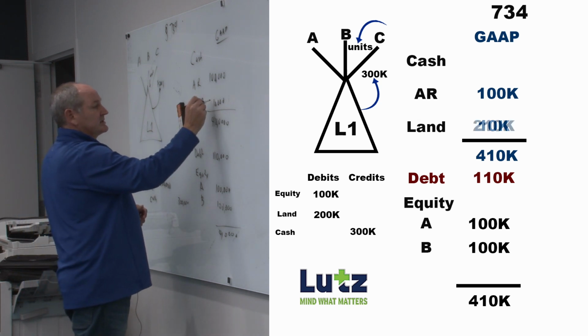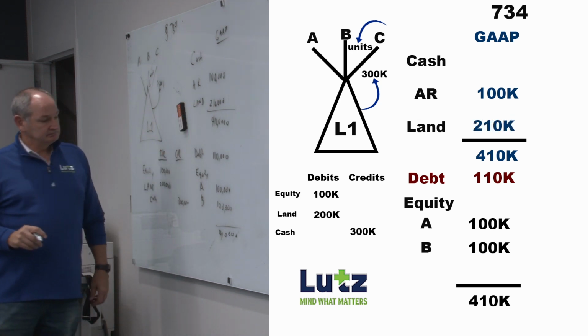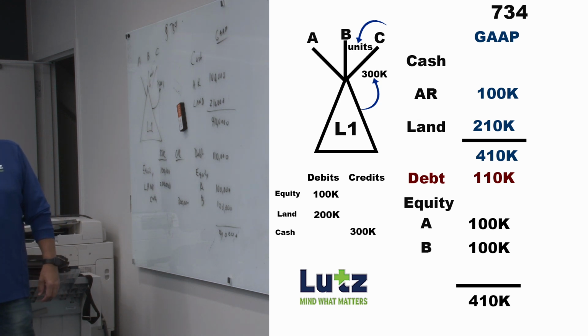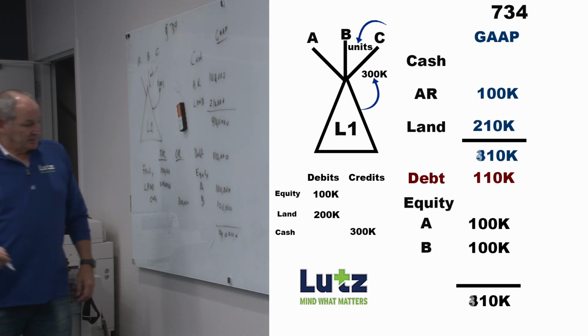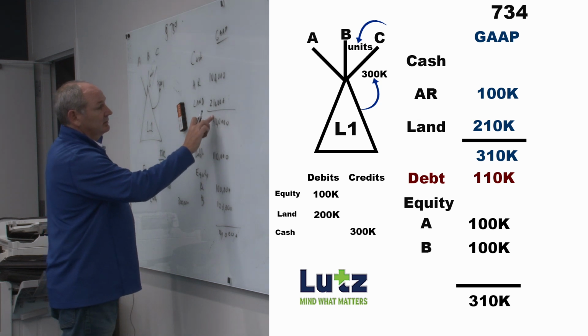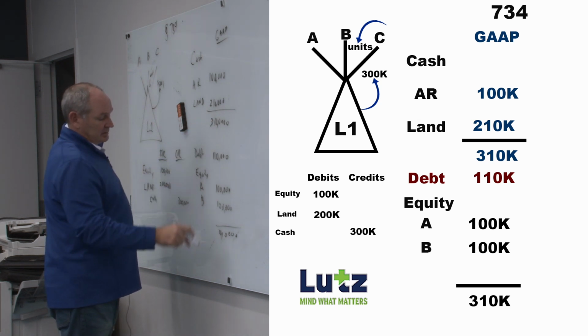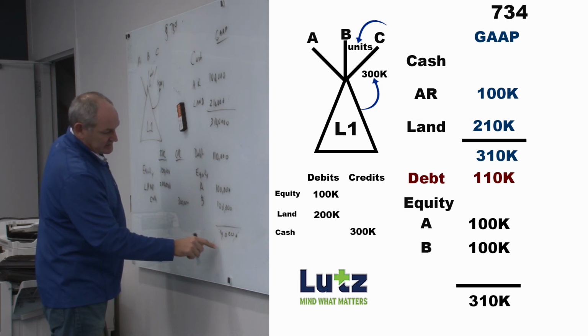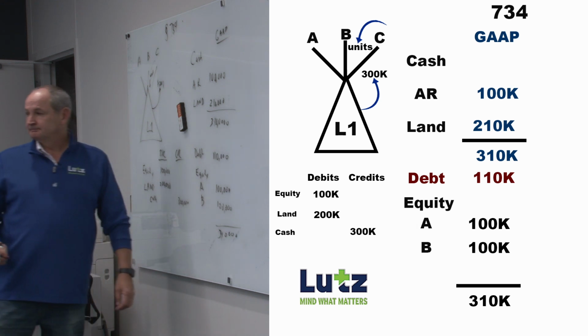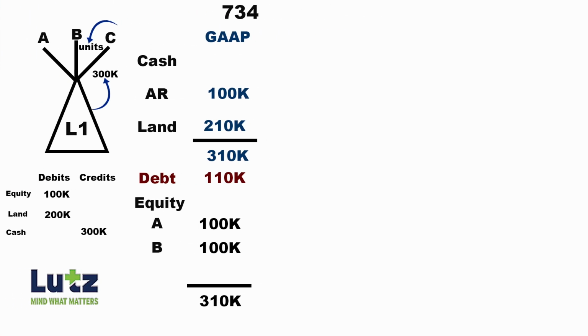Your land is now 210 grand. And this now puts down to 310. So now when the partnership goes and sells the property, the basis that started out at 10,000 is now 210,000.